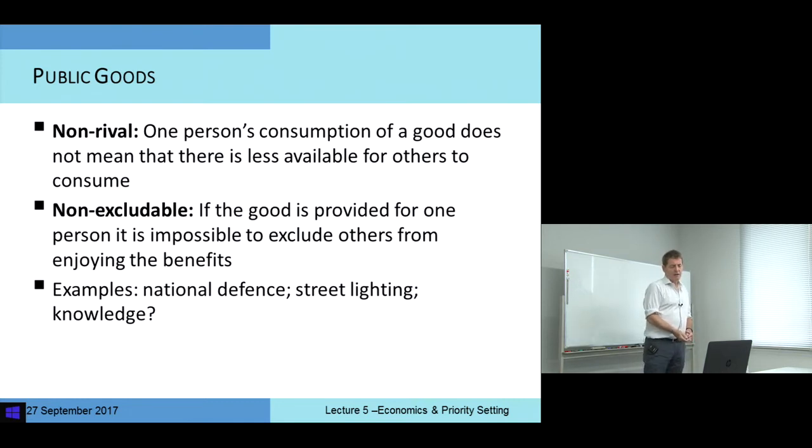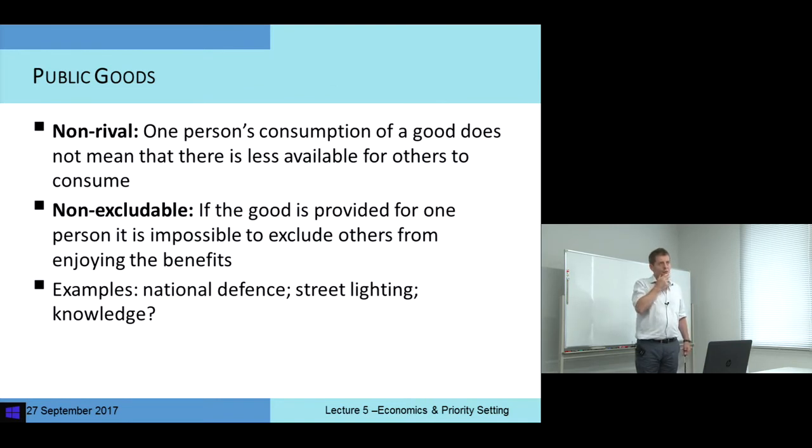That's more mundane. A bit more esoteric: knowledge. Is knowledge non-excludable, non-rival? If we discover something and we have new knowledge, there's not less available for somebody who wants to consume that information. There's not less available for other people to consume. Non-rival. Is it non-excludable?